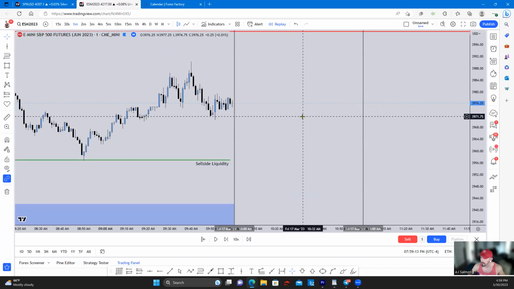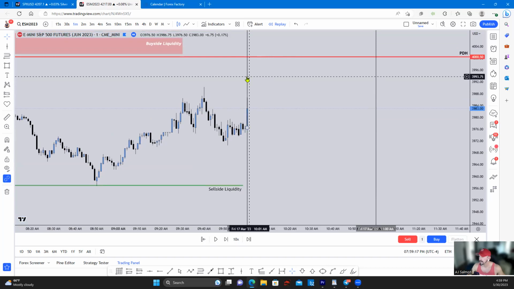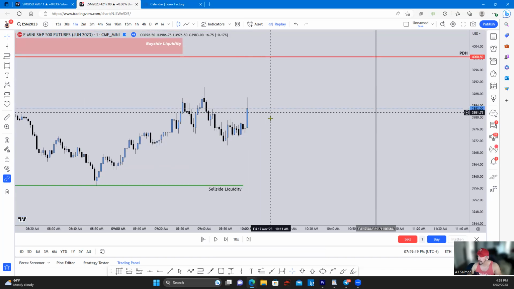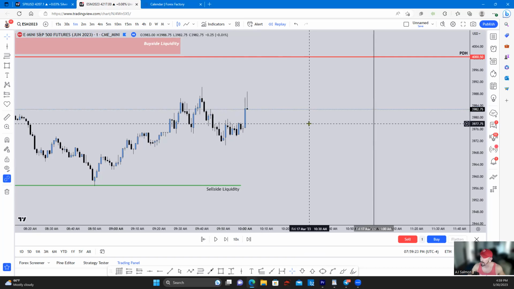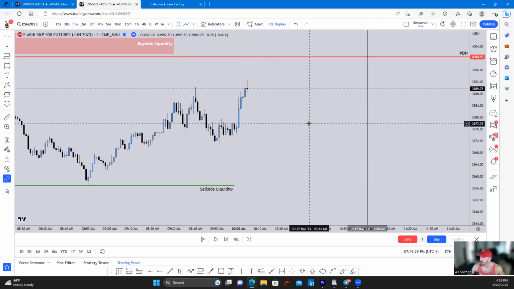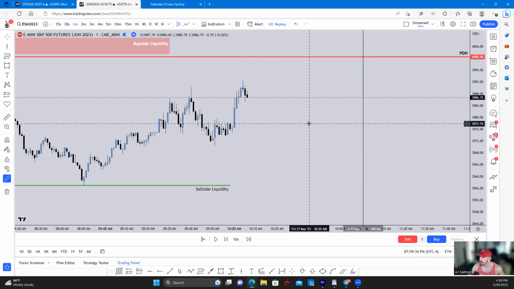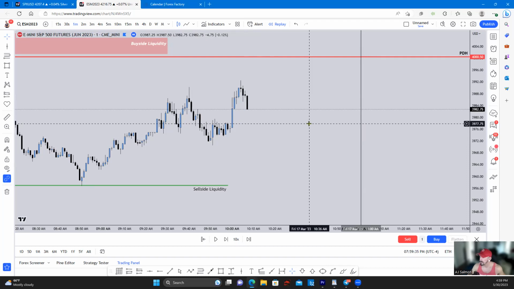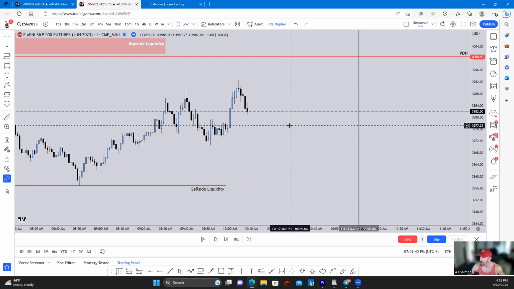Okay, so now we're going to be looking, and we're just going to get this out of the way so we can see here. We're going to be looking for a sell opportunity because our bias is towards that 1 hour fair value gap. So we see the highs get swept again. Okay. So let's see, do we get displacement?